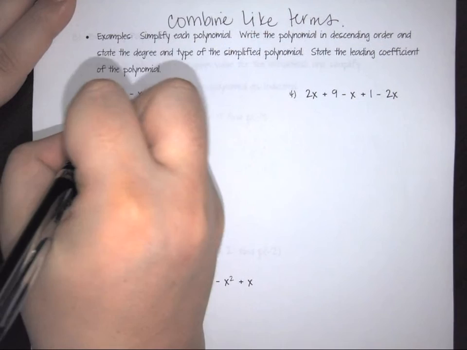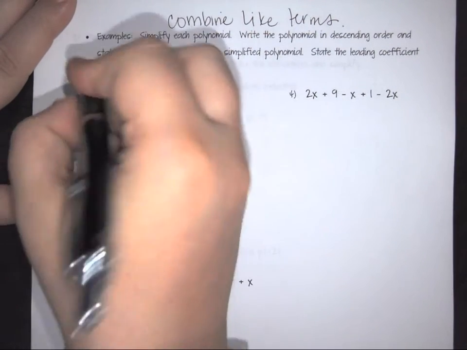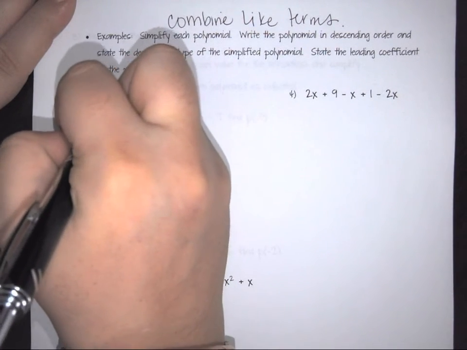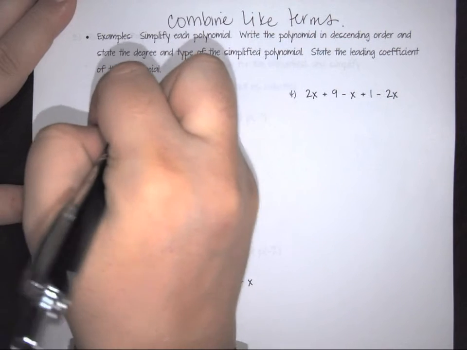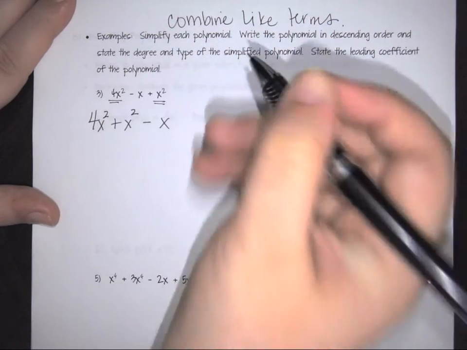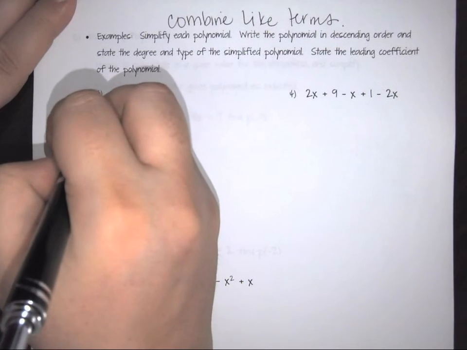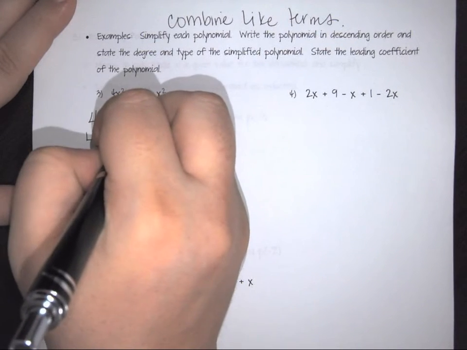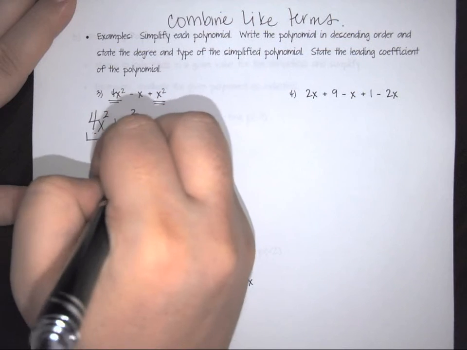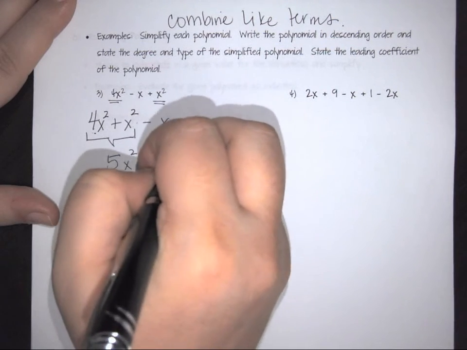So here I have a 4x squared and an x squared, so I'm going to write them together. So 4x squared plus x squared minus x. So I have 4 of them, I'm adding one more. These are going to combine together and give me 5x squared minus x.